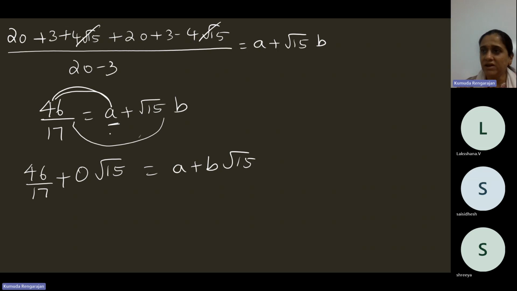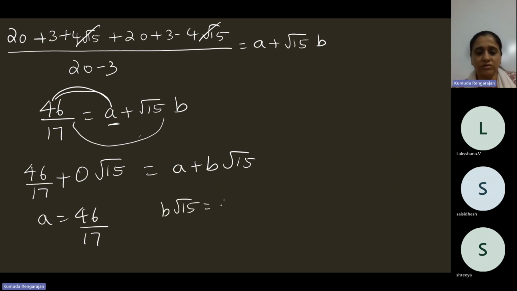Since we don't have an irrational term in the left-hand side, we'll write it as 0 root 15. So now compare the rational with rational. So A is 46 by 17. The irrational with the irrational. So B root 15 is equal to 0 root 15. Root 15 cancel. So B is equal to 0.